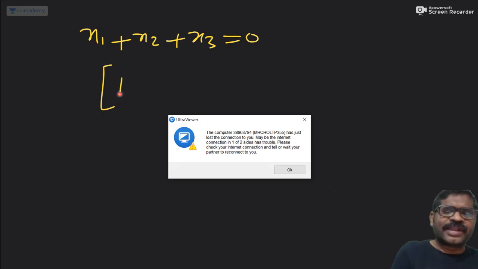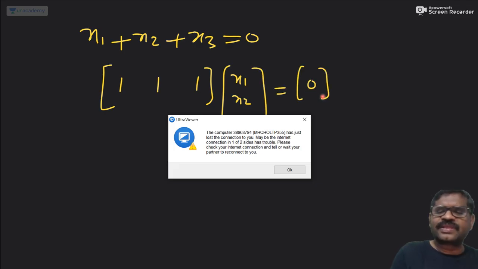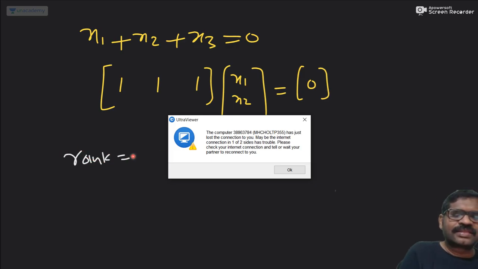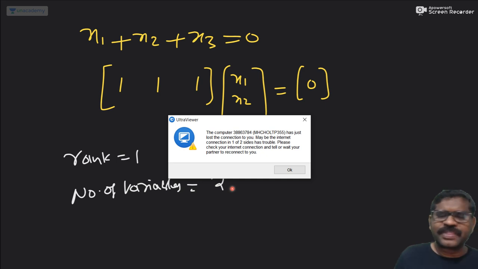You can write in matrix form 1, 1, 1, times X1, X2, X3 equal to 0. What is the rank? Number of variables. Okay. Rank is 1. The number of variables is 3.